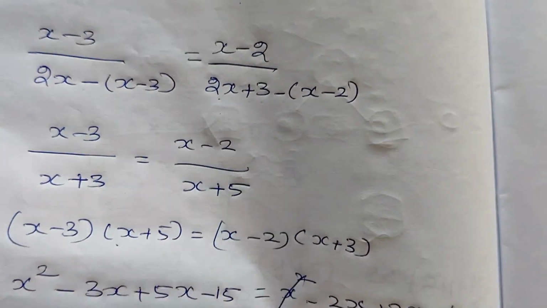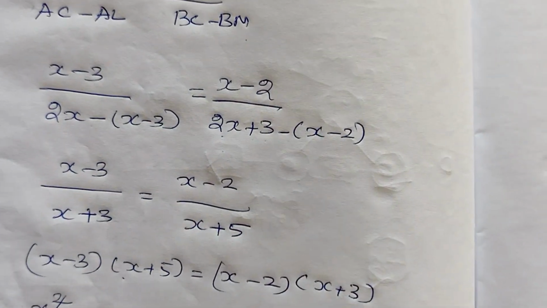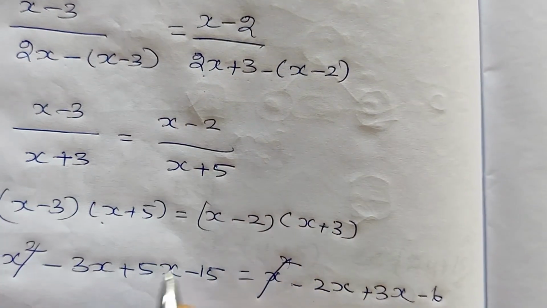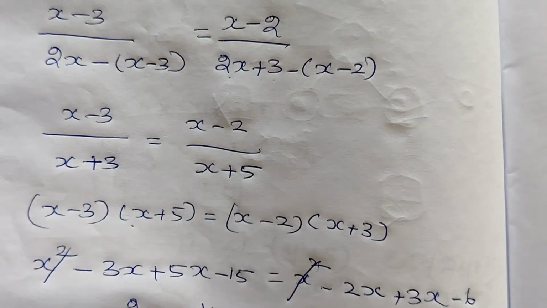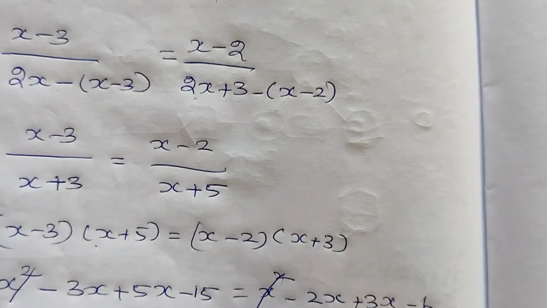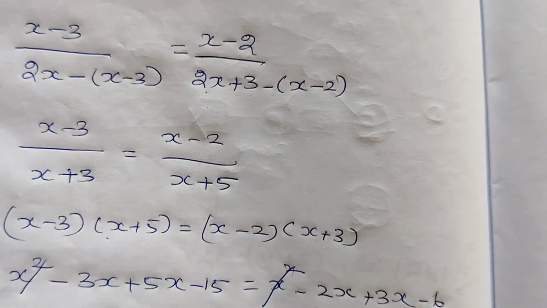Here x square gets cancelled. Minus 3x plus 5x is 2x minus 15, which equals x minus 6.